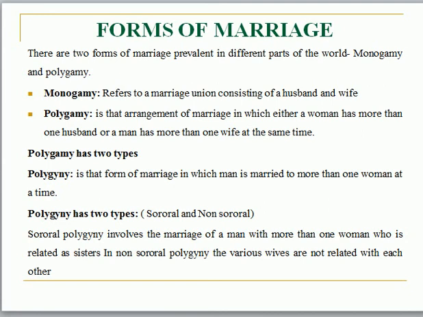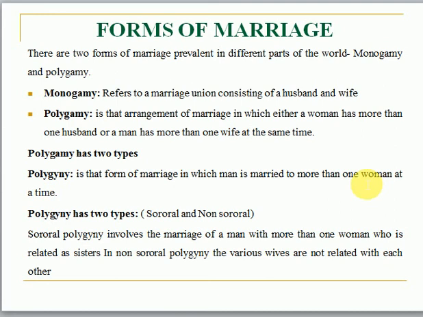The first is polygyny. Polygyny is that form of marriage in which a man is married to more than one woman at the same time.